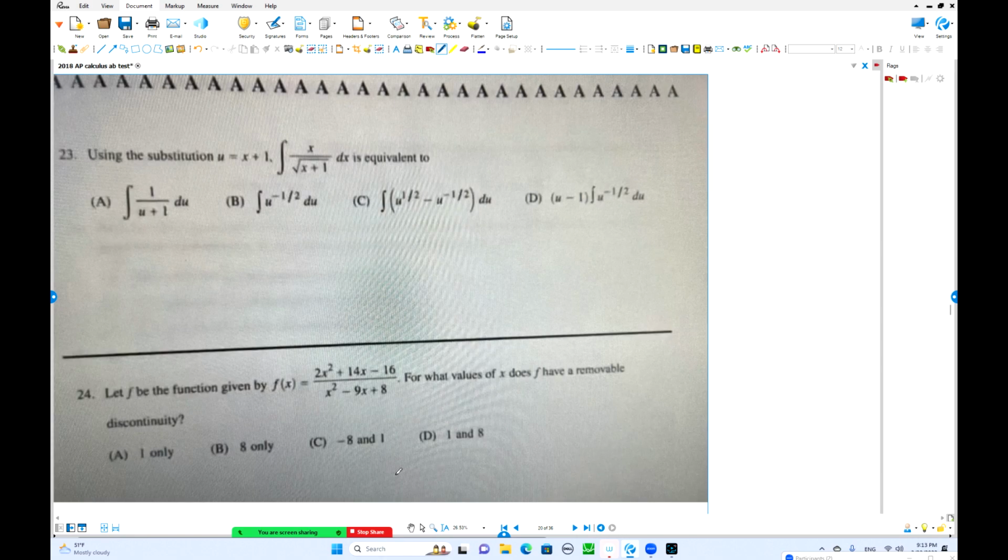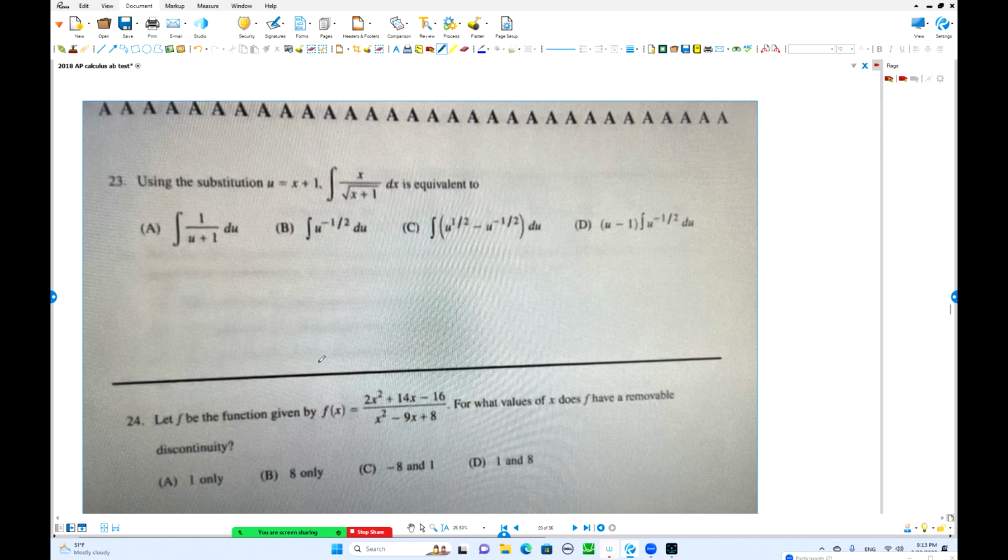All right, number 23. Using the substitution u equals x plus 1, which one is equivalent? They are all replaced with u, where x plus 1 is u.